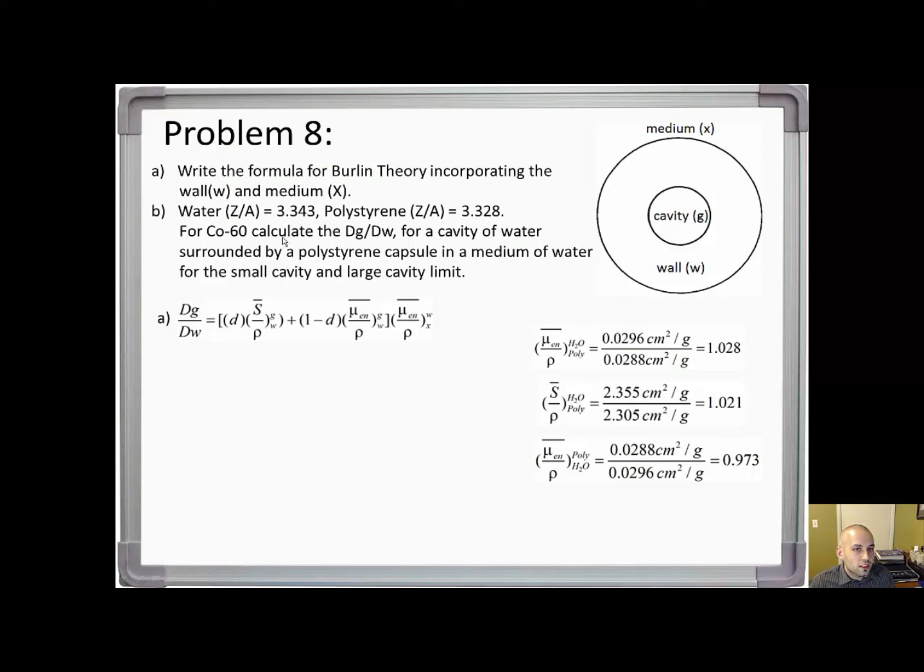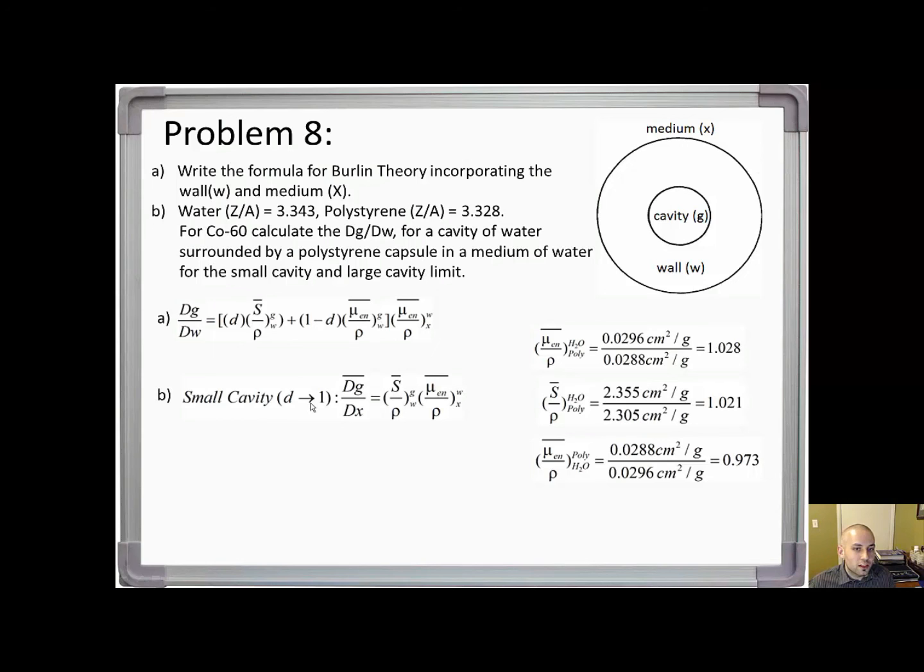For cobalt-60, calculate the D cavity over D wall, which is the dose, for a cavity of water surrounded by a polystyrene capsule within a medium of water. So water is the medium, polystyrene is the capsule, and water is the cavity. We're going to do it for the small cavity and large cavity limits.